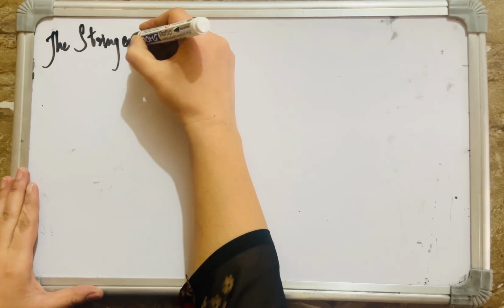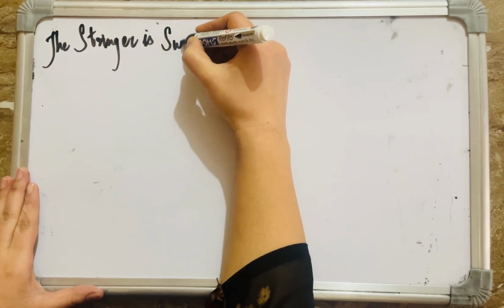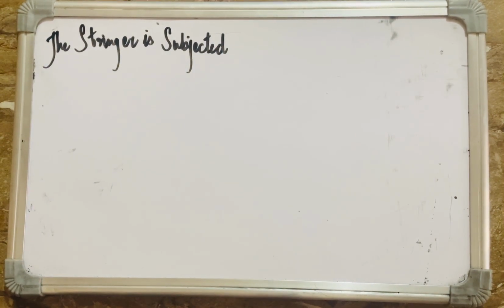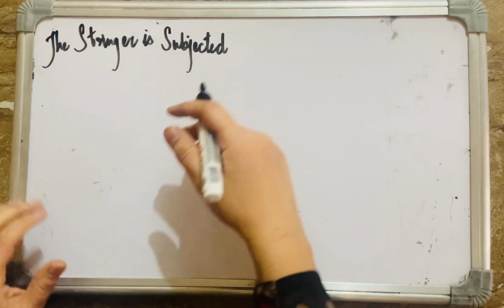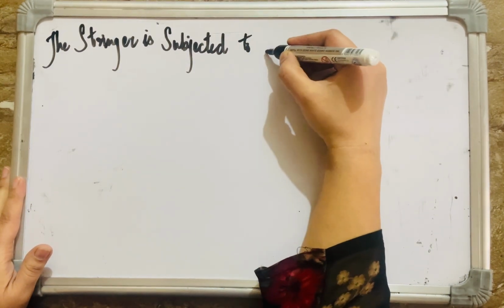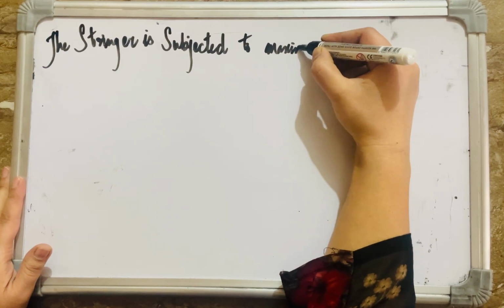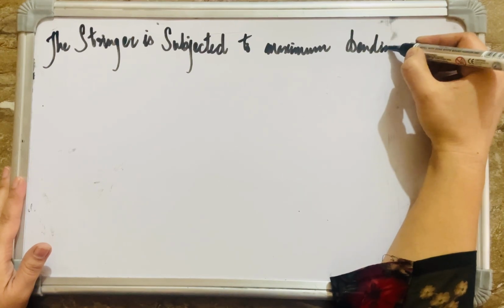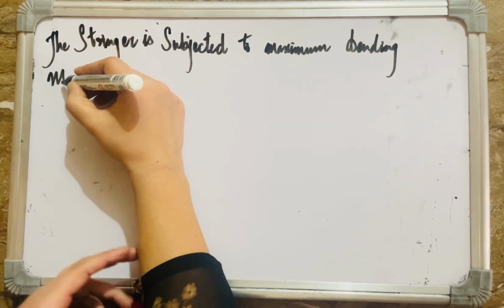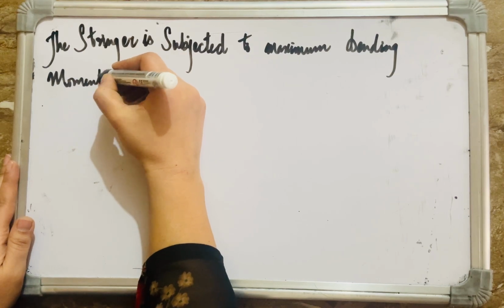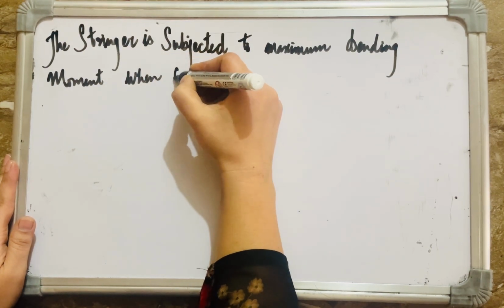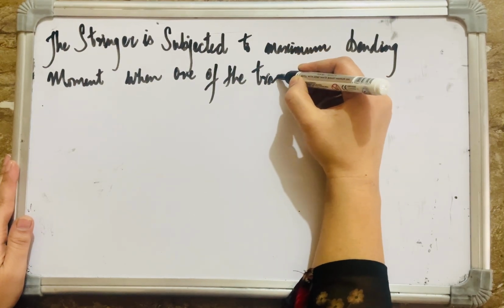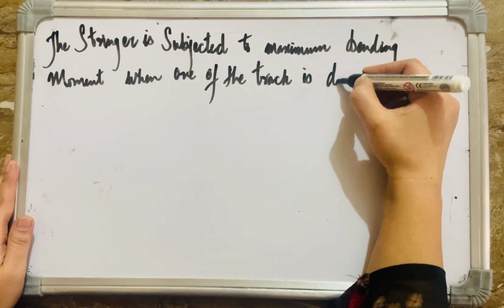The stringer is subjected to maximum bending moment when one of the tracks is directly on the panel.